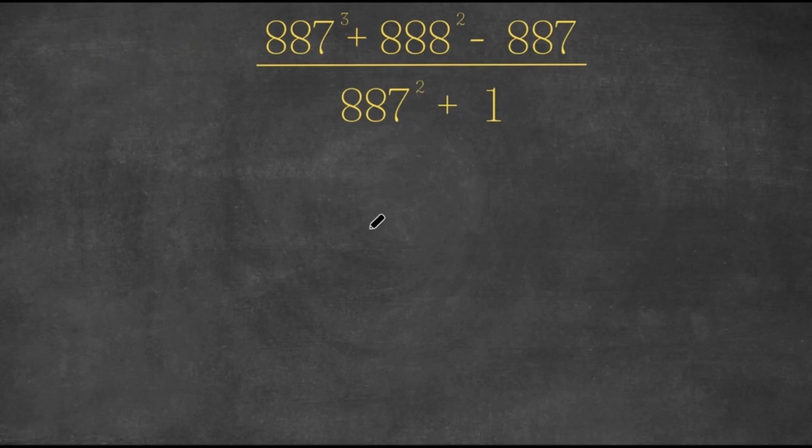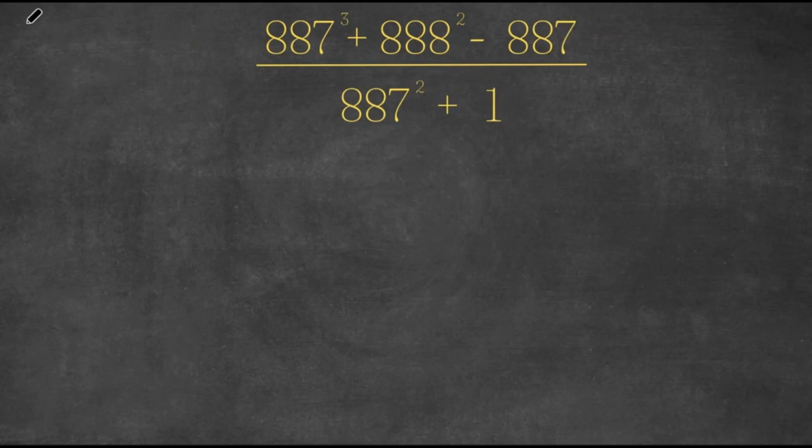In today's video, I'm going to be teaching you guys how to solve this problem without a calculator. So we have 887 to the power of 3 plus 888 squared minus 887 divided by 887 squared plus 1.